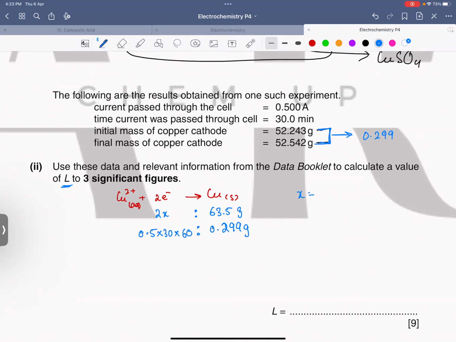So from here, I can calculate x. So x would be 0.5 into 30 into 60 into 63.5 over 2 times 0.299. So this x would basically be the F, or the charge of 1 mole of electrons.